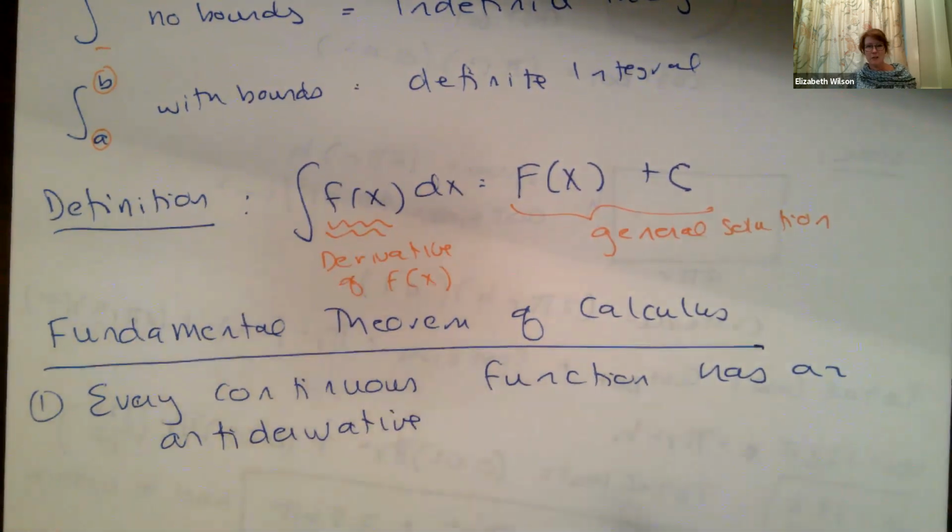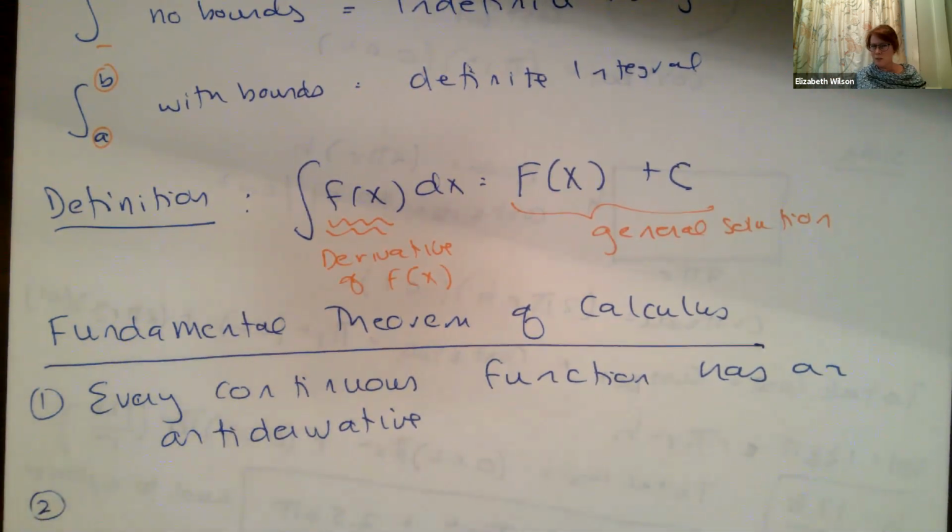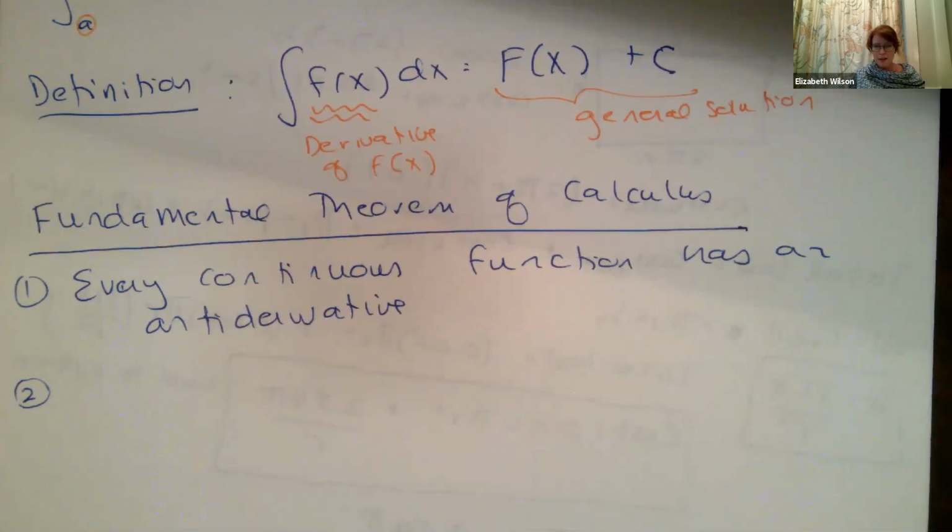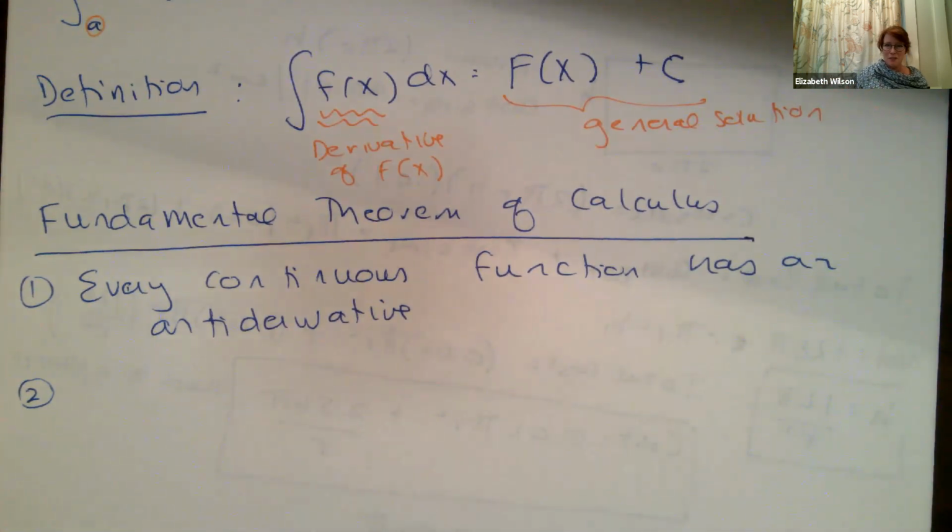If I can get the derivative, I can also get the antiderivative, okay? It's a continuous function, which means that this is a derivative. So I've got some function that this could be a derivative of. In this part 2, this is kind of a redundant statement. Basically, the way to get the antiderivative is to take the integral.